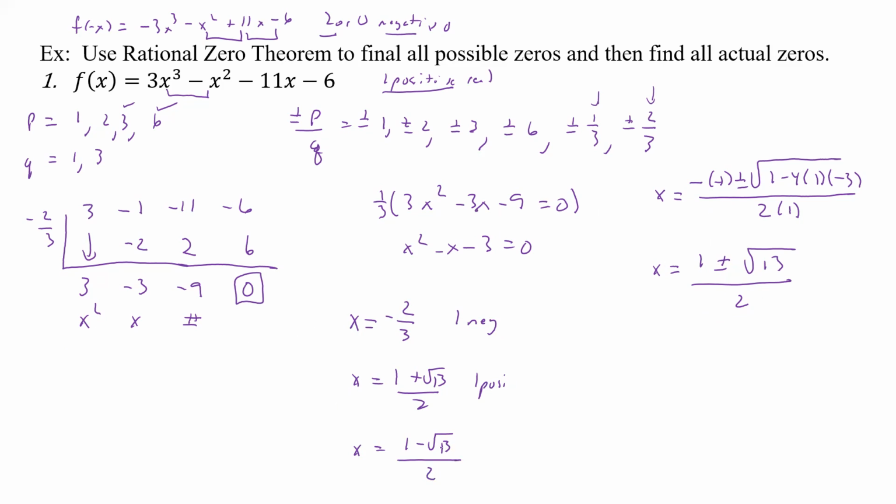And now the square root of 13 is going to be greater than 1, so that's going to be also a negative. So that gives me two negatives, which would be this, and one positive, which is this. And so that makes sense. I have three factors. That's how many I should have had. And so I would say that would probably be the correct value.